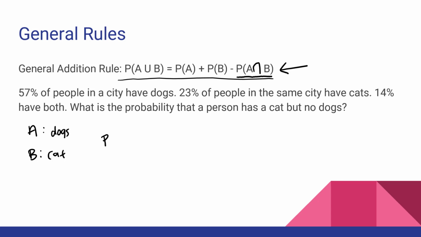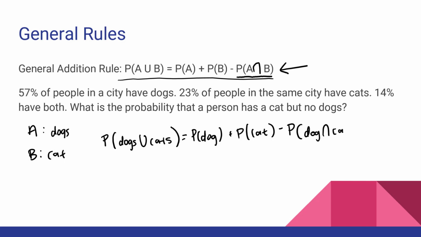So the probability of that would be the probability of dogs or cats, or we could write probability of A or B is equal to the probability of someone having a dog, so P(dog), plus P(event B is having a cat), minus the probability of dog and cat, which is equal to 0.57, which we get from up here because 57% of people have dogs, plus 0.23 for the percentage of people with cats, minus the probability of them having both. So that is equal to 66% or 0.66.